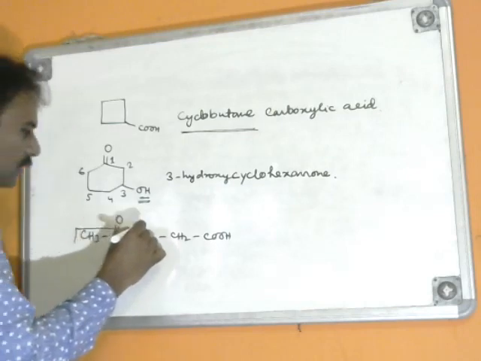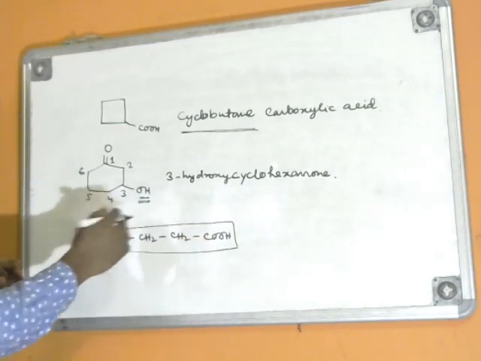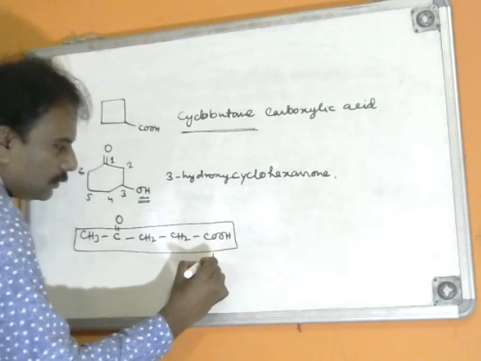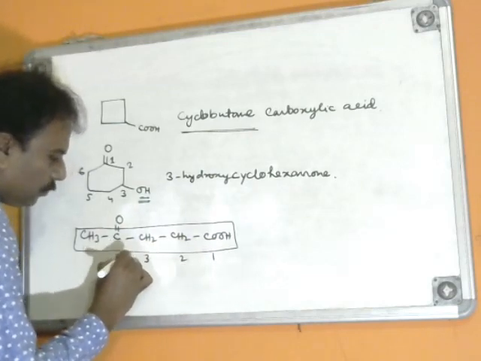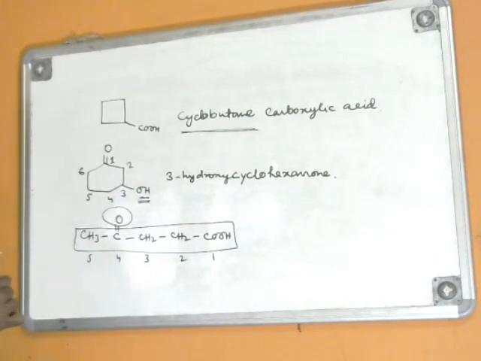So this will be the chain. Here the carbon is present, so it will be included in the chain. So I am giving the numbers 1, 2, 3, 4, 5. Here this is branching.